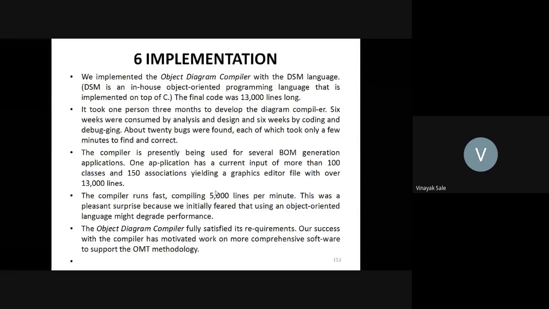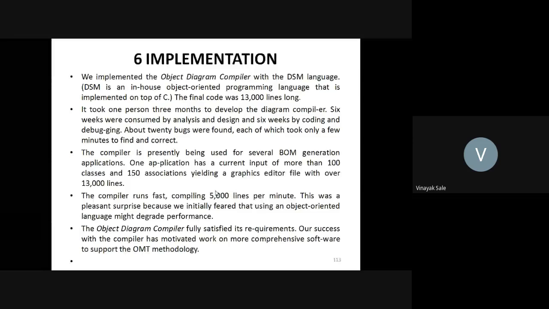The compiler is presently being used for several bill of material generation applications. One application has a current input of more than 100 classes and 150 associations, yielding a graphics editor file with over 13,000 lines. The compiler runs fast, compiling 5,000 lines per minute.